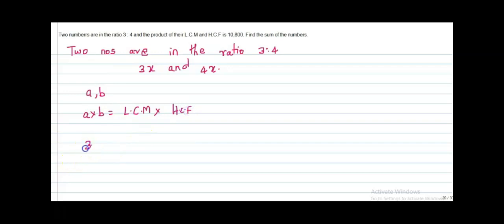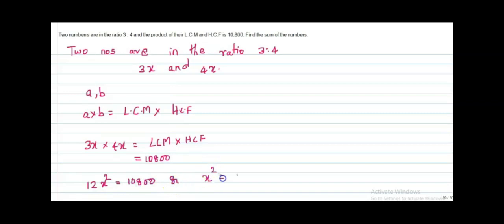Therefore, 3x into 4x is equal to the product of the LCM and HCF of the numbers, that means 10,800. Therefore, 12x square is equal to 10,800, or x square is equal to 10,800 by 12, which is nothing but 900.